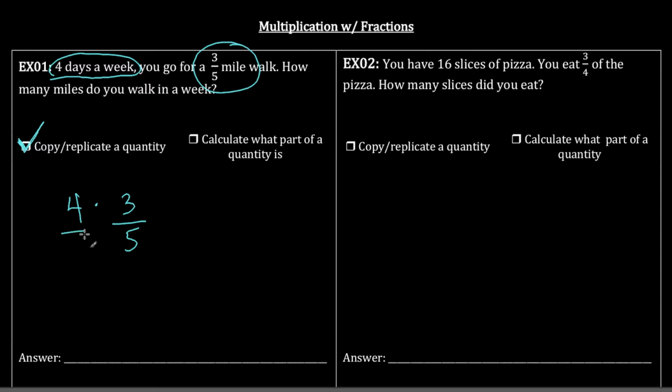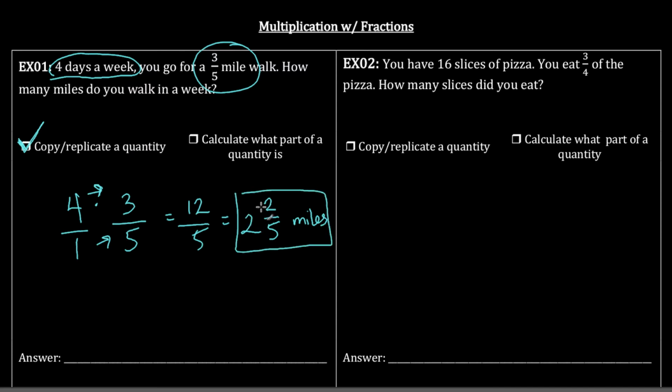Remember, this is pretty easy because we just need to multiply across. 4 times 3 is 12, and 1 times 5 is 5. How many wholes can you make? 2. How much is left over? 2 what? 2/5. And we're talking about miles. So how many miles do you walk in a week?